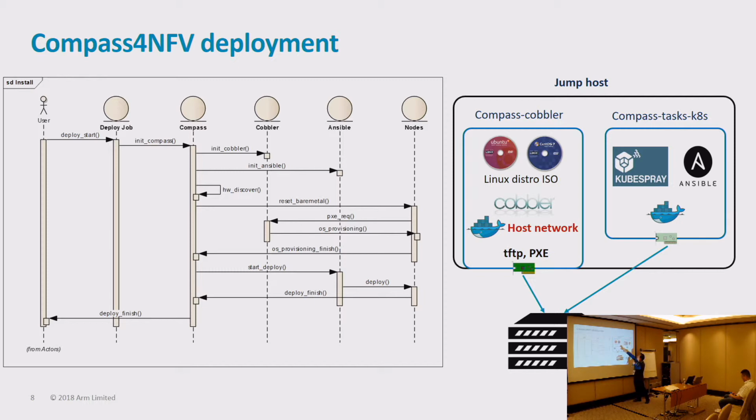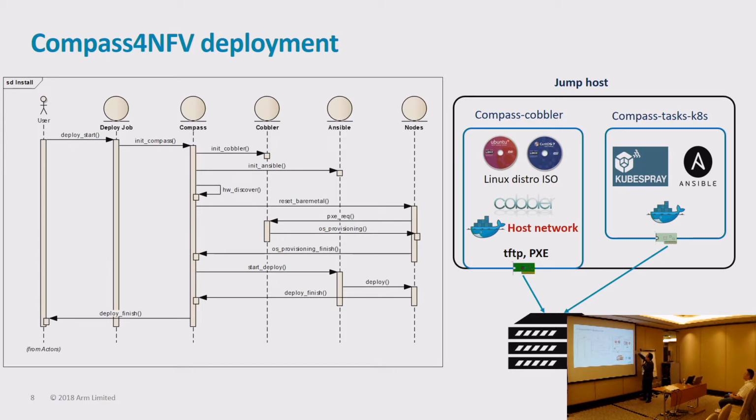It imports the Linux distro ISO images inside it. It runs inside Docker, but it uses the host network, so it can access the network interface of the jump host directly to deploy the operating systems. It uses PXE and TFTP, which is the standard server deployment way. After this, you can run the Compass tasks.